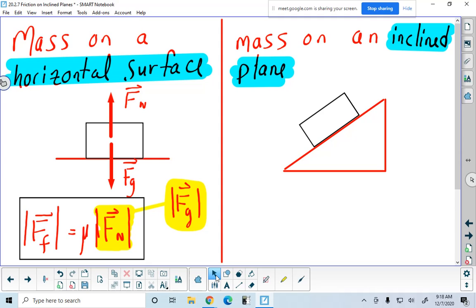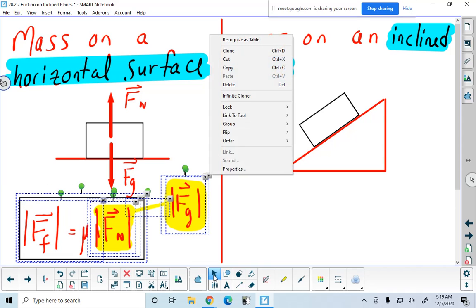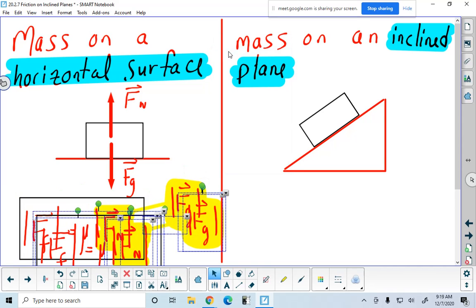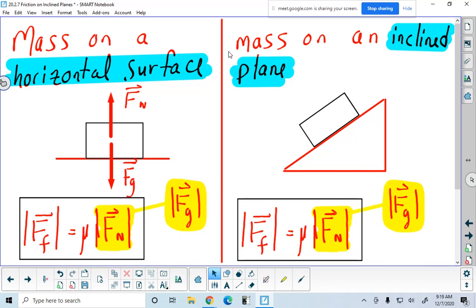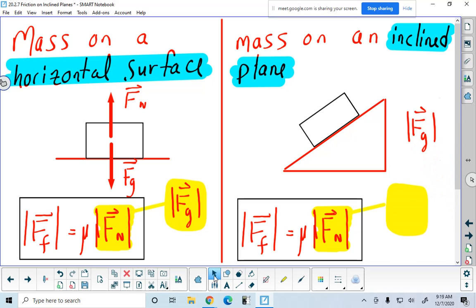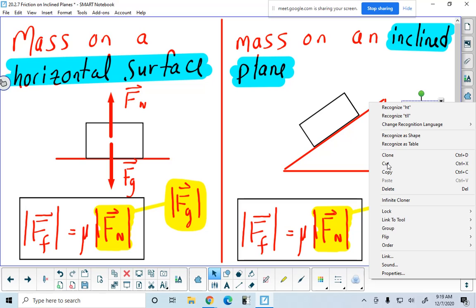But when we take a look at this situation, I'm going to back up. On a horizontal surface, we use this formula to find the force of friction. We are going to be using that formula to find the force of friction on an inclined plane as well, except it is not going to be the force due to gravity that we use to calculate the normal force.